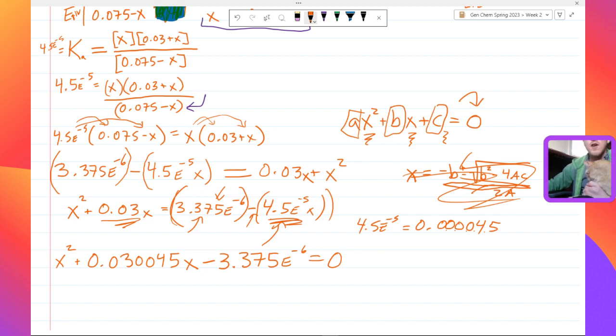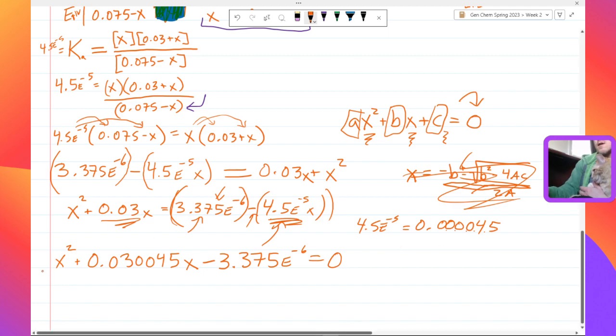quadratic equation solver. So yes, if you're watching this at some point in the future and you really want to be participating, you could pause it and solve the quadratic equation yourself using the fact that a equals 1, b equals 0.03, and c equals negative 3.375.